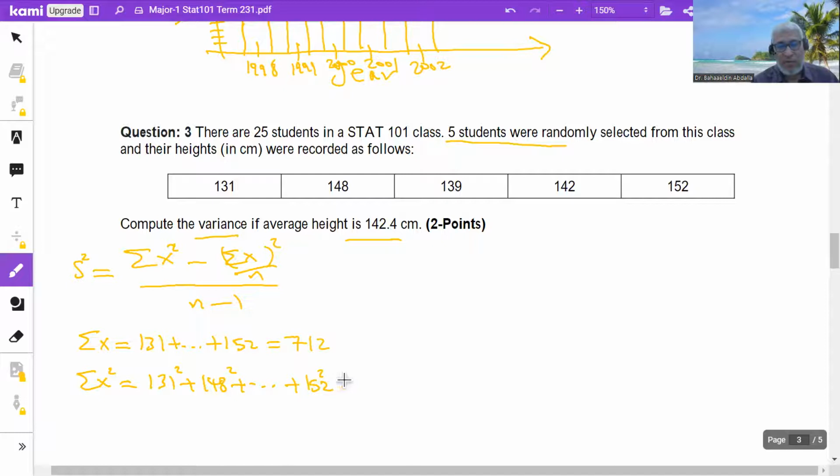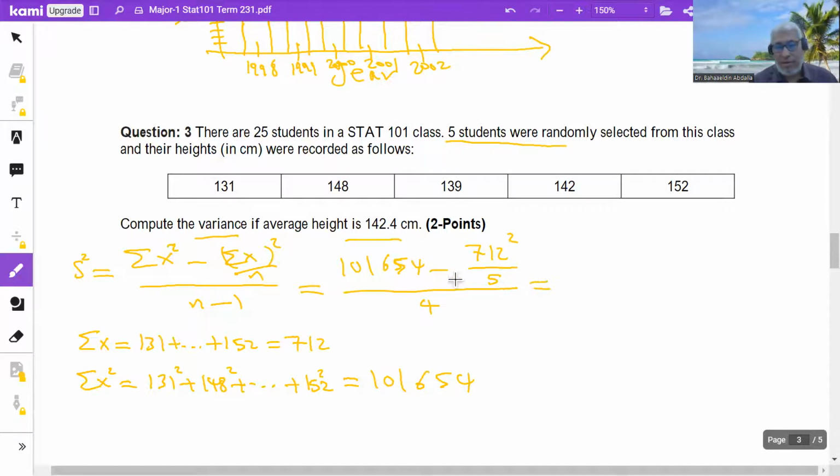And if you use the calculator also, you can find that the answer is 101654. So you just replace here summation x squared by 101654 minus summation x, which is 712. You need to raise it to the power 2 and divide by n, number of elements in the sample, which is 5, and then divided by 4.